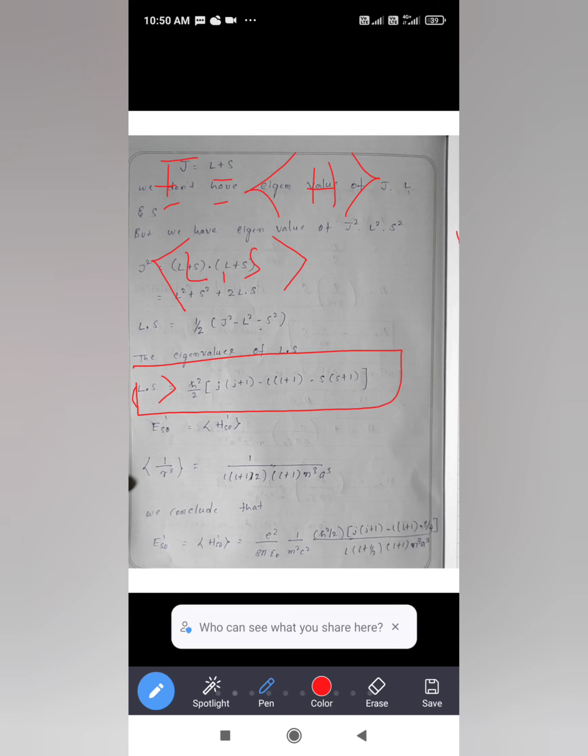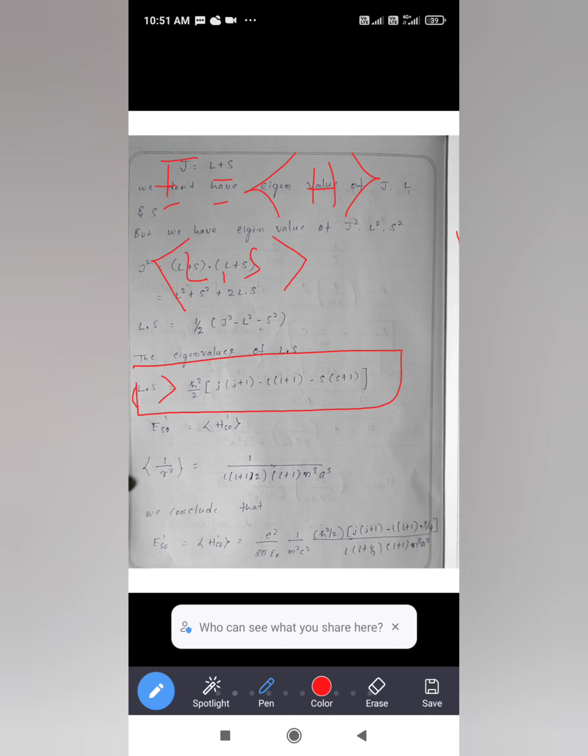Any operator operating on an eigenfunction gives the eigenvalue times the eigenfunction.